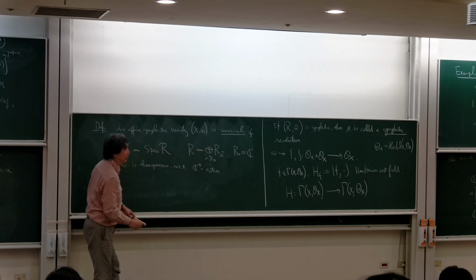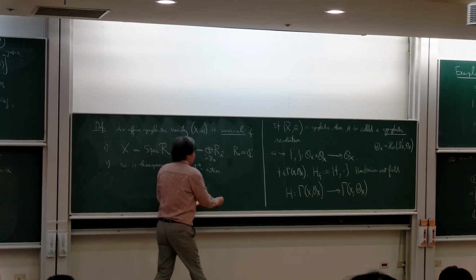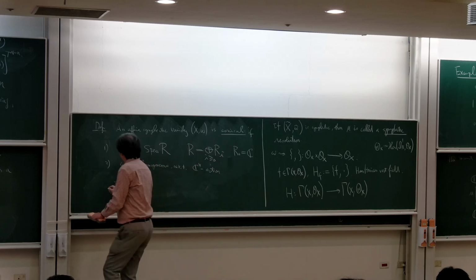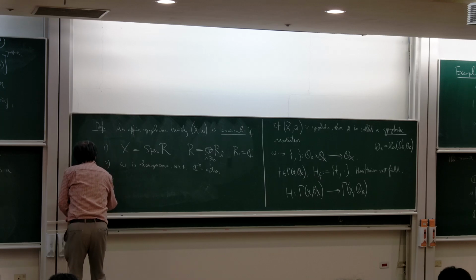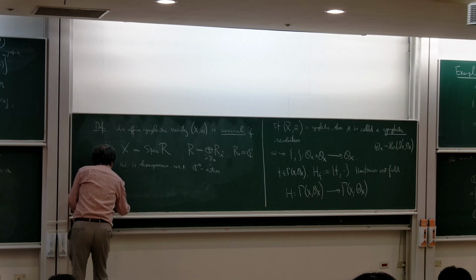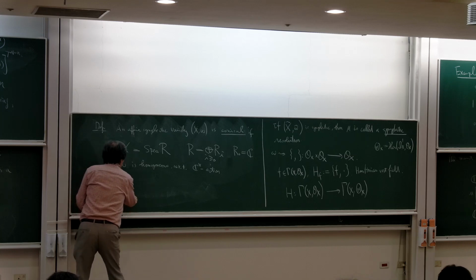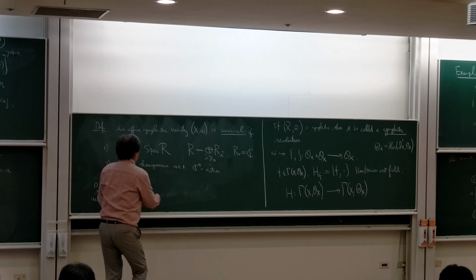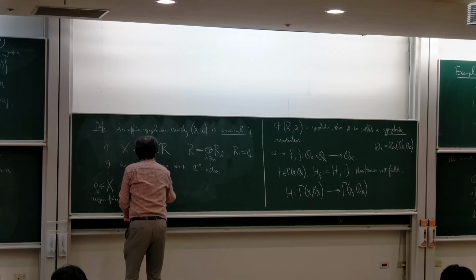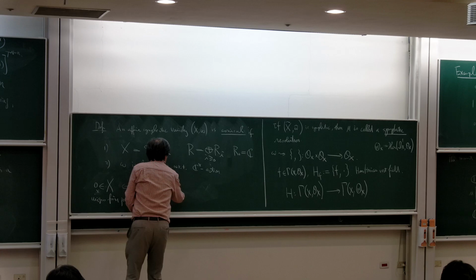This C-star action is called conical, so it has a unique fixed point, which corresponds to the maximal ideal defined by the positive degree part.